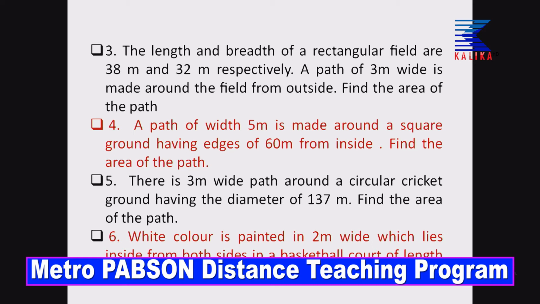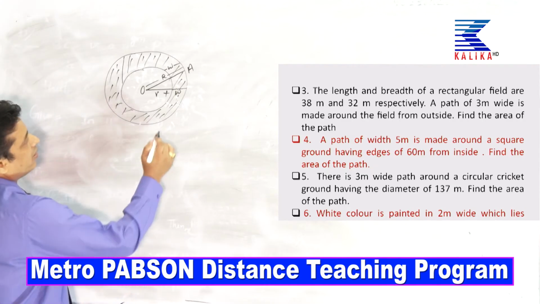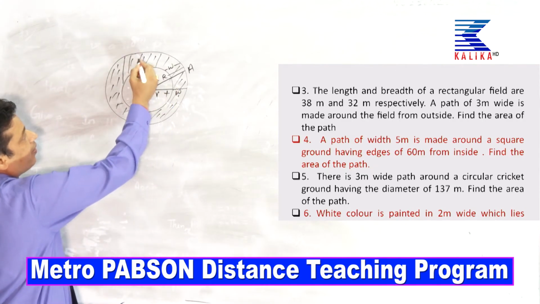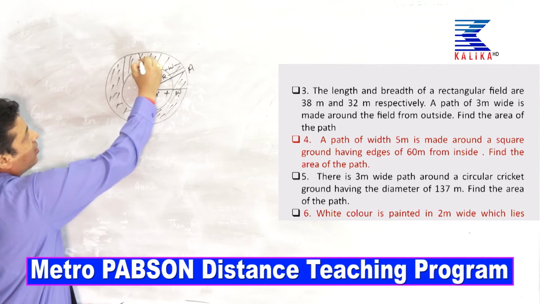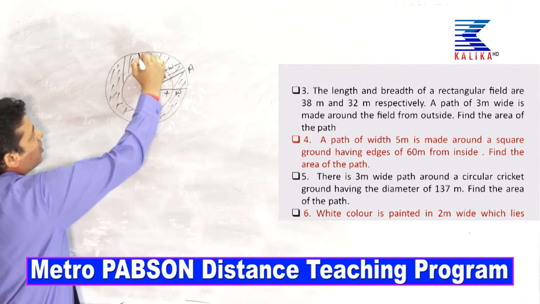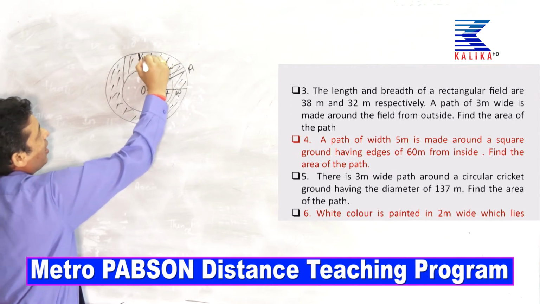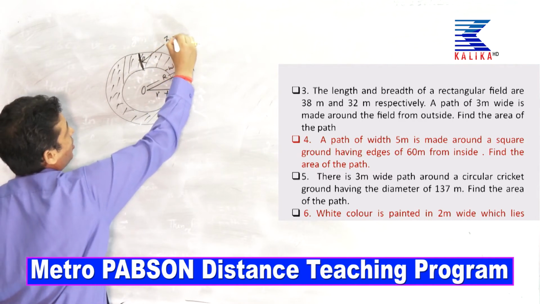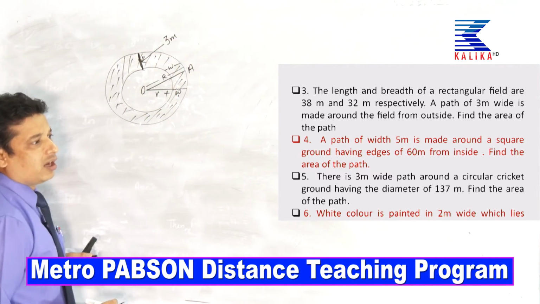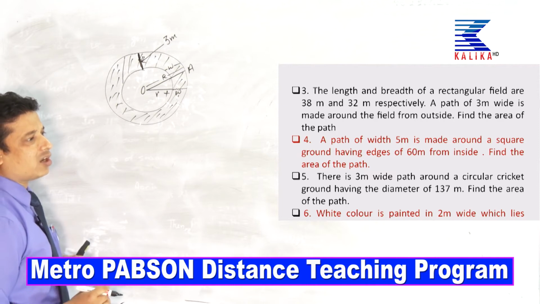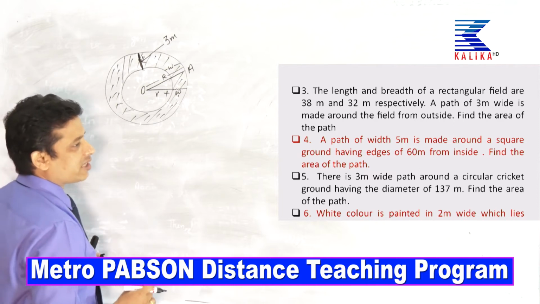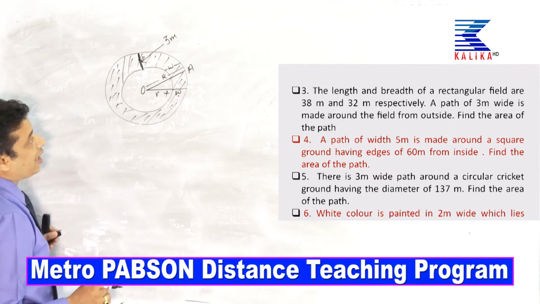There is a 3-meter wide path around a cricket ground. So, dear student, here this path is given, and the width of the path is given as 3 meter, having the diameter of 137 meter. So, the diameter is given.